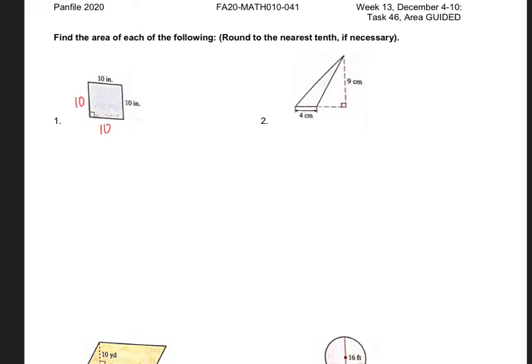Now, my area for any rectangle or square really is length times width. But specific to a square, it is S squared, which means the side they give you, 10 squared.